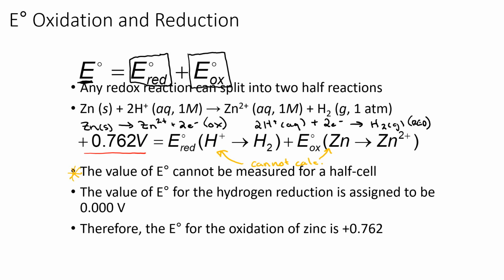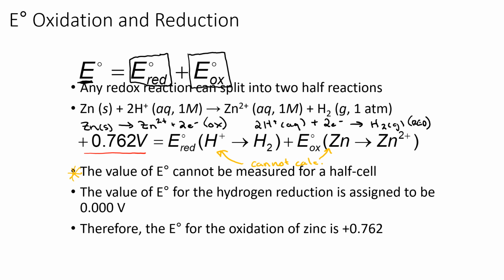So what we did is we decided, okay, what if I just said that the reduction of 2H plus to our H2 gas was 0? Well, then I could plug that into our equation.